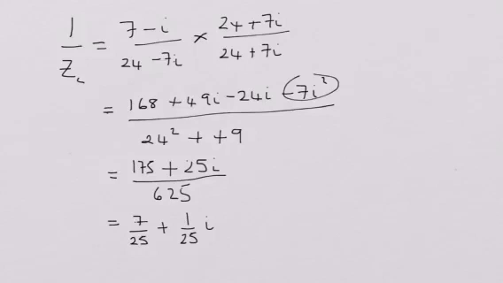We now need to find zc. So the easiest way to do that, so we know that 1 over zc was 7 minus i over 24 minus 7i.